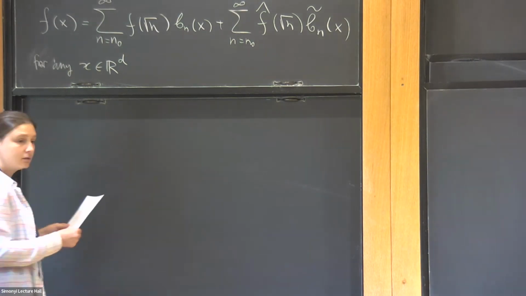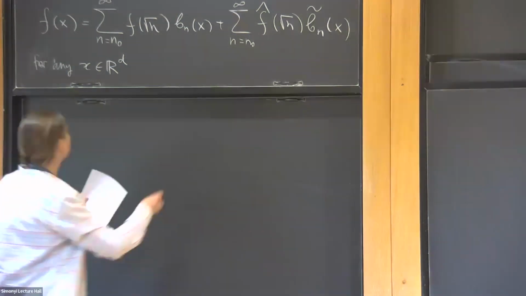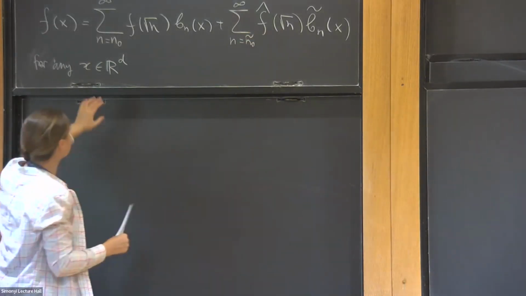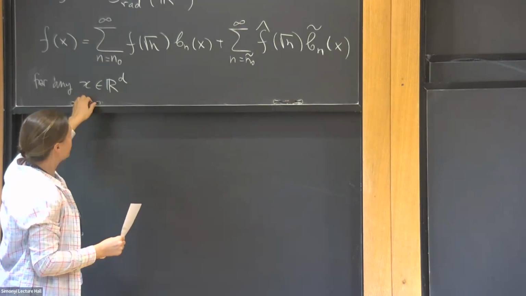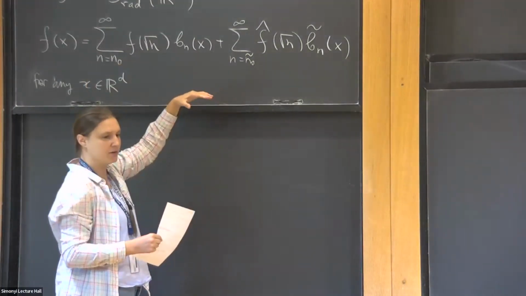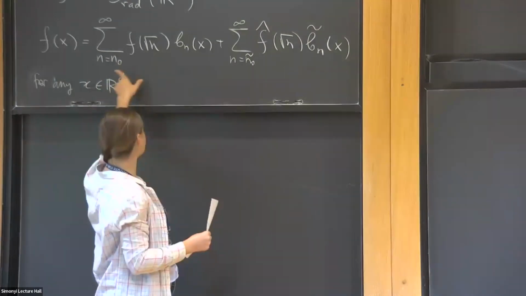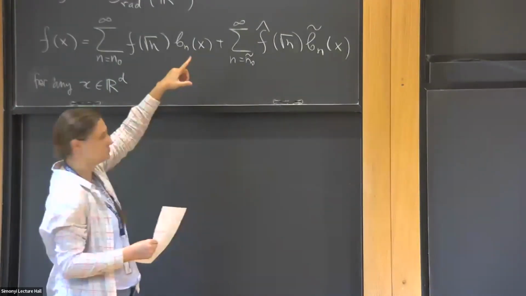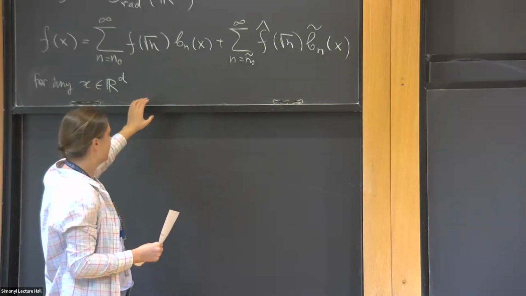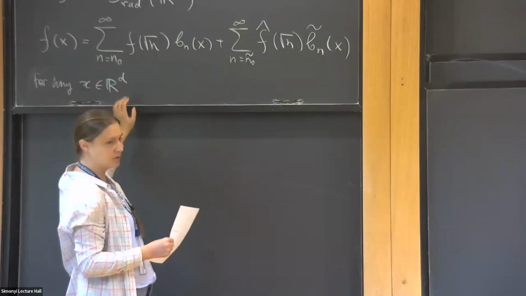Will you want n0 equal 0? As dimension grows, it turns out that we can start our sequence later. These n0 and n0 tilde depend essentially on the dimension. As we have seen in dimension 1, we can start from 0.